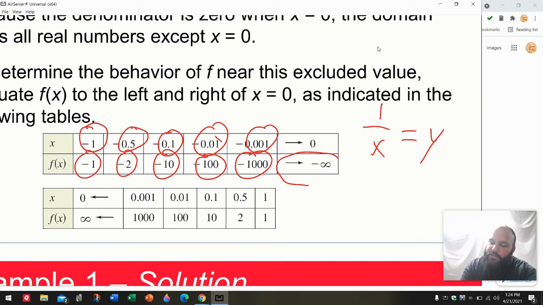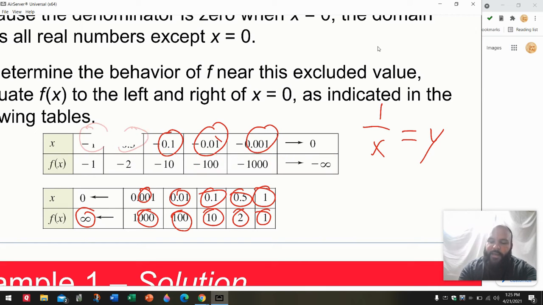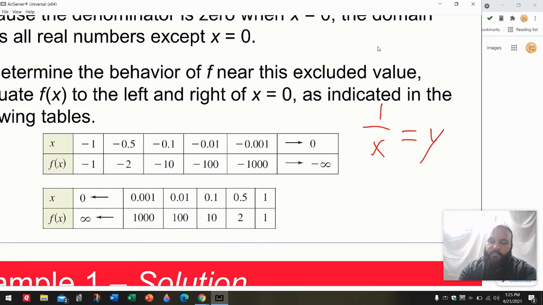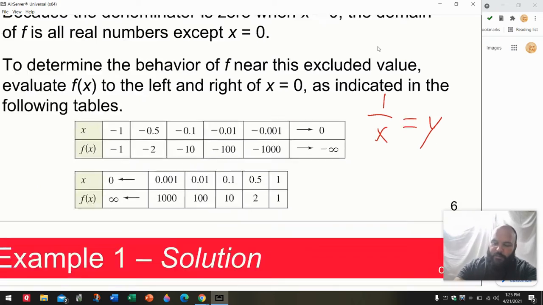And what happens is this graph starts to approach from the negative side, negative infinity. In a similar fashion, as the x values start from 1 and then get closer to 0, the y values get bigger and bigger and bigger until they approach infinity. Now again, they can never equal infinity, but they're approaching infinity.